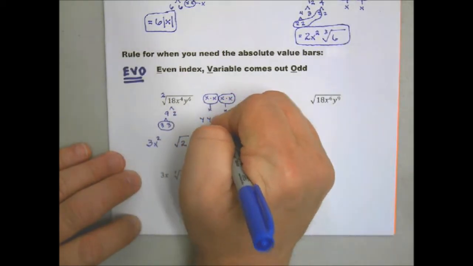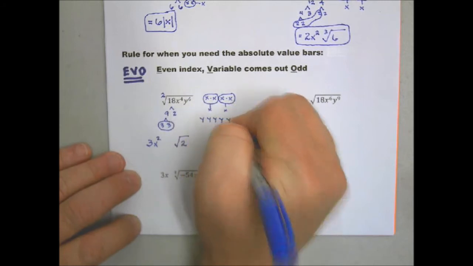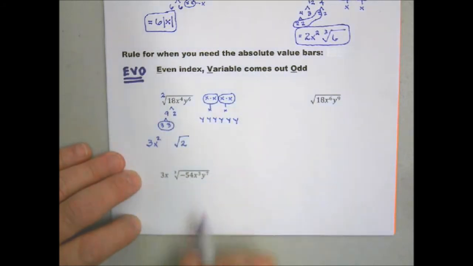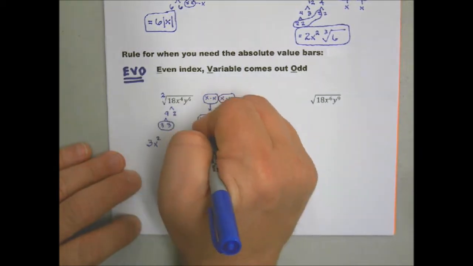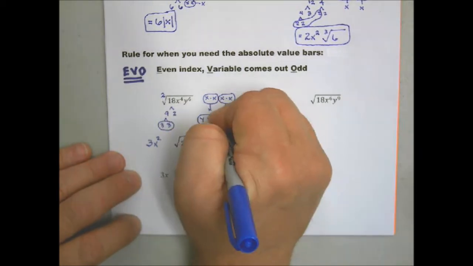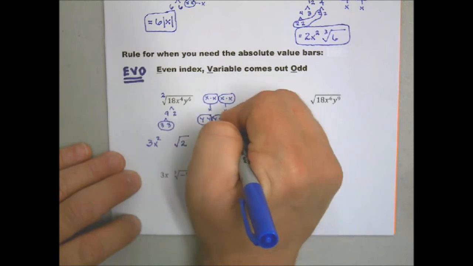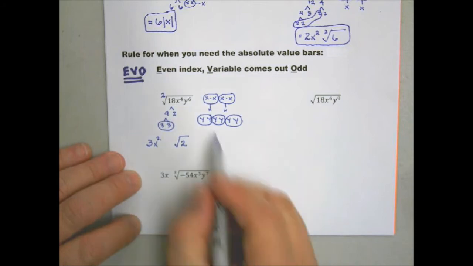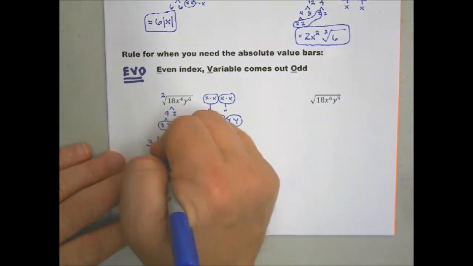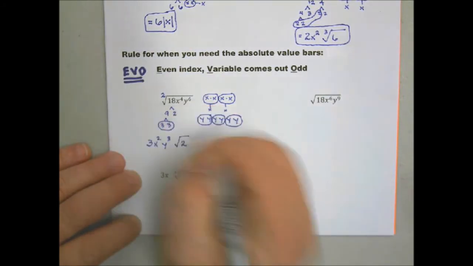I've got y times y times y times y times y times y. Now, I'm in square roots, so I'm looking for pairs. So there's a pair of y's, there's a pair of y's, and there's a pair of y's. So what also came out was y cubed.